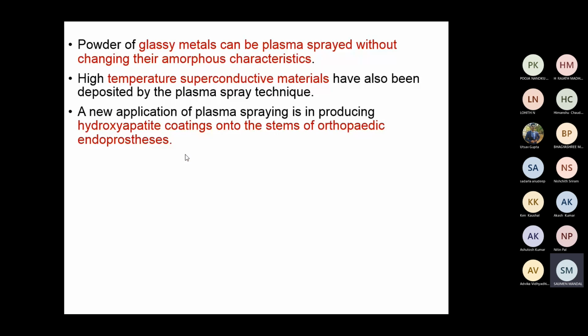But in our body fluid it should be a very hard coating, only then will it stick there, because body fluid has a corrosive action. So if you use this plasma spray coated material, we can use this kind of implant without any hazard.